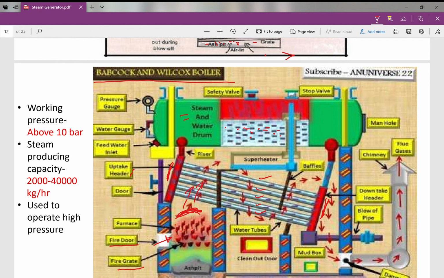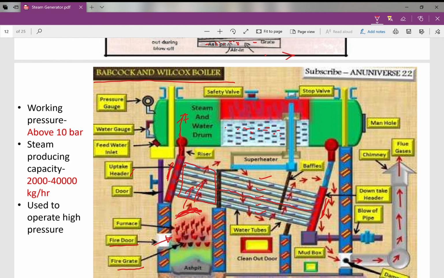They supply heat to this portion of water tubes, right? And from this bottom portion, cold water goes above due to heating, and when it comes over here, it is converted into steam and supplied to the steam drum, right?